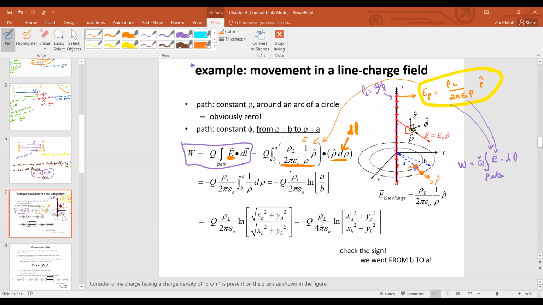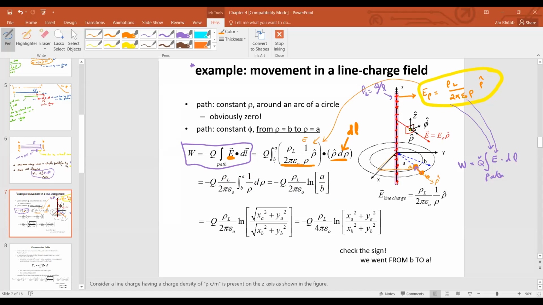So just plug in the values and knock out some constants. You will be left with one rho, which is the distance. You know that this point A has the x component and the y component.